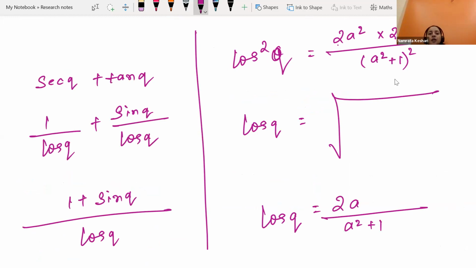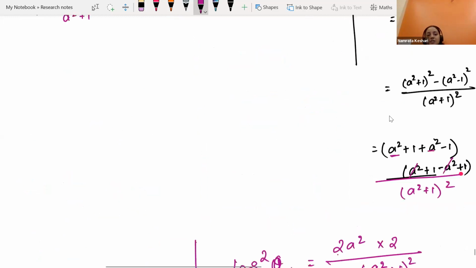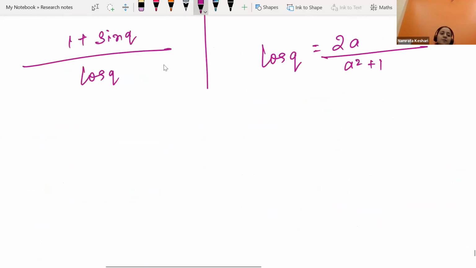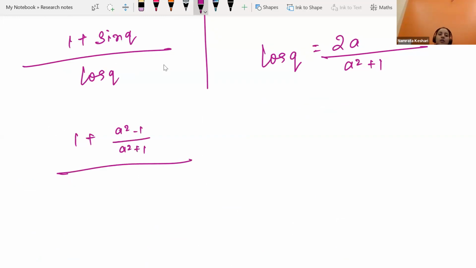If you want, do the addition in the rough space, it's completely up to you. 1 plus sin theta we need to find: 1 plus (a square minus 1) by (a square plus 1) is in the numerator, and in the denominator just 2a by a square plus 1.